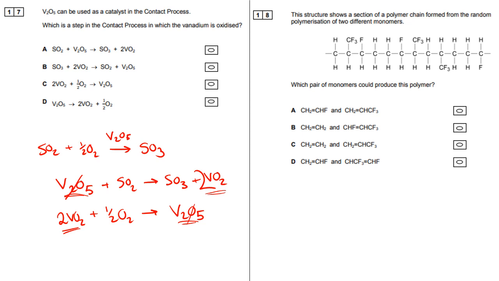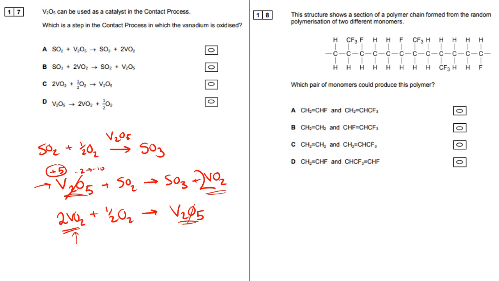Which one is showing the vanadium being oxidized then? What's the oxidation state when it's V2O5? Each oxygen is -2, so that gives us -10. That means the vanadium must be +5 here, so you've got 2 vanadiums. What's the oxidation state in VO2?